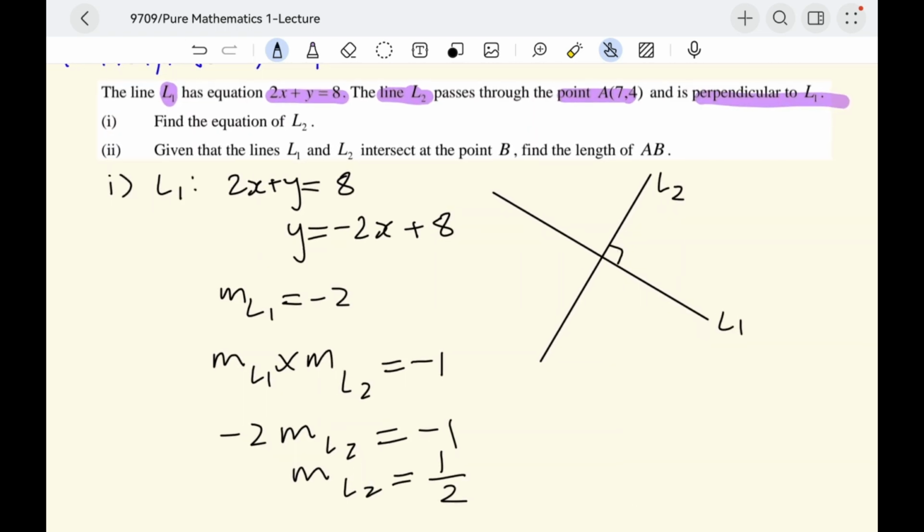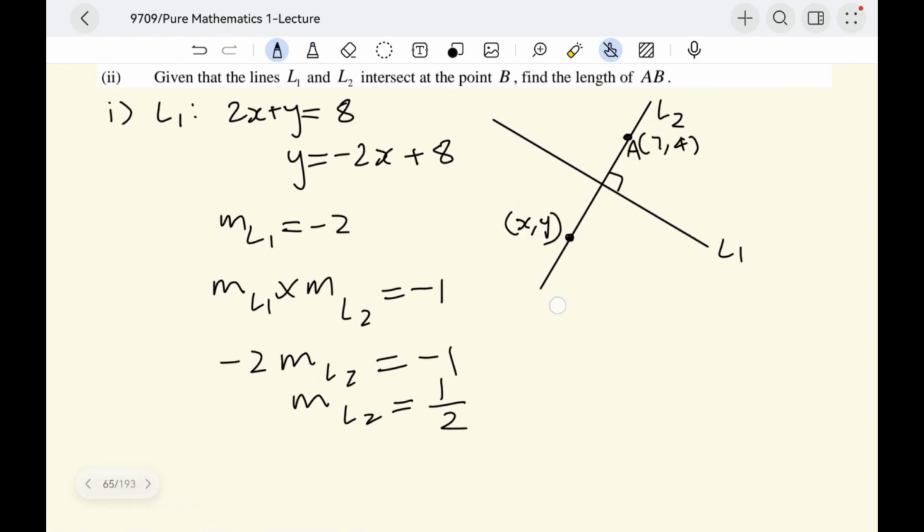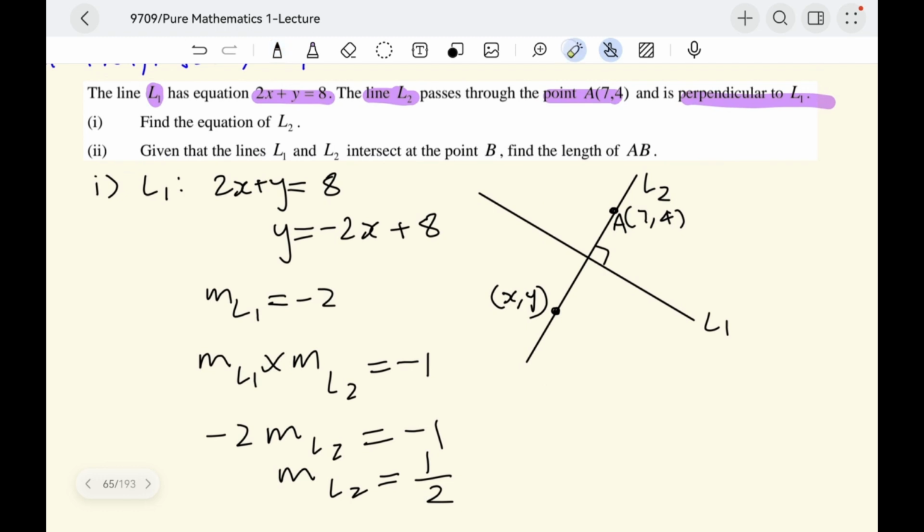Okay, next, what is another expression of the gradient of L2? Let's say here is your point (7, 4), and here is your x, y. Okay, x, y are the unknown variables in a linear equation.